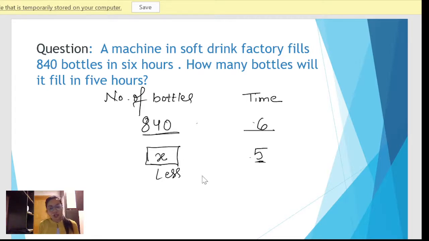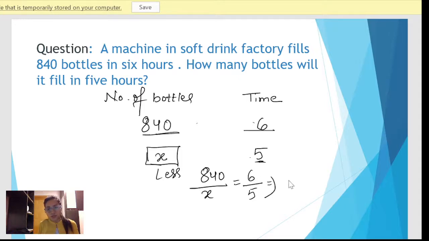Clear? Now according to the previous slide's concept, we can write 840 by X is equal to 6/5, because for direct proportion both the ratios will be the same.